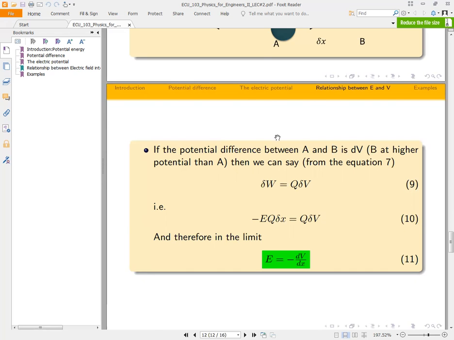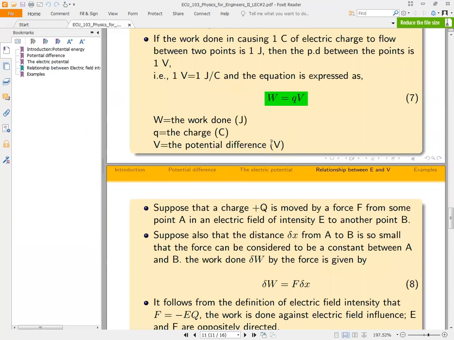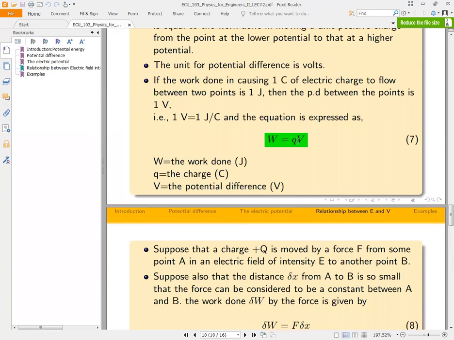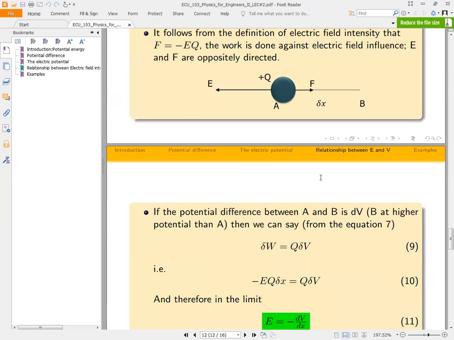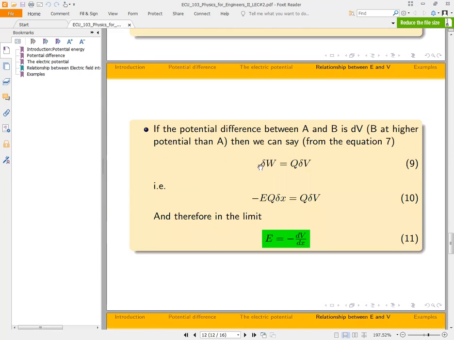Equation number 7 is here, where we defined the potential as work done per unit charge. So work done is Q times V. So let's go back to equation number 9. This is work done, delta W is equal to the charge times delta V. So this is picked straight from equation number 7.